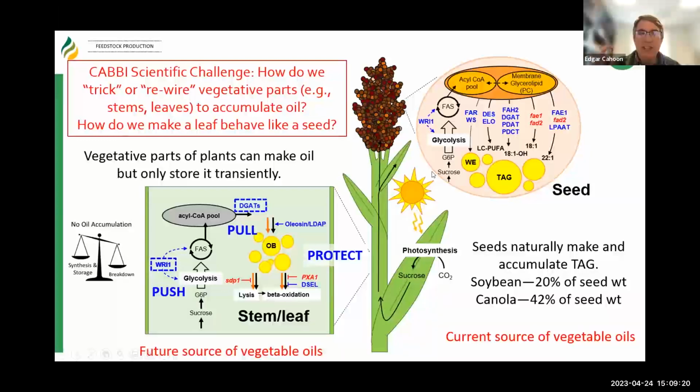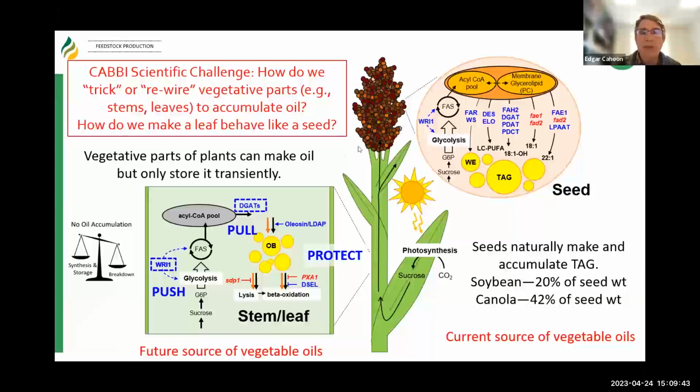But the big frontier that CABBI is trying to tap into is to produce vegetable oils in the leaves and the stems, particularly in the stems of the biomass crops. And this is a huge challenge metabolically. The reason is that all cells in a plant can make TAG. They can all make vegetable oil.